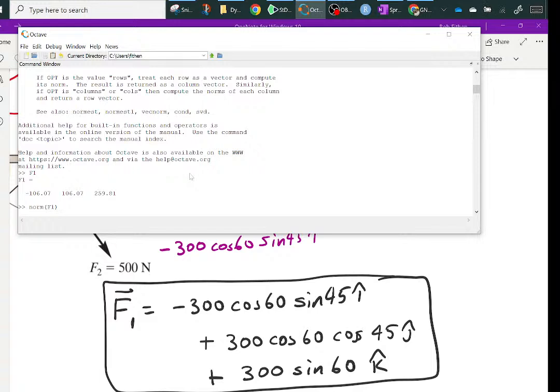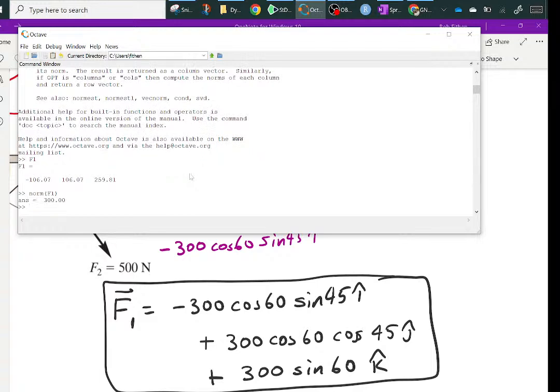We took a vector, we broke it into 3 coordinates. We have a coordinate along all 3 lines. Now we're going back and taking the square root of the sum of the squares. Wouldn't that be the length of the vector to begin with? So what I get is the length of the vector to begin with, 300. That's not too terribly surprising.